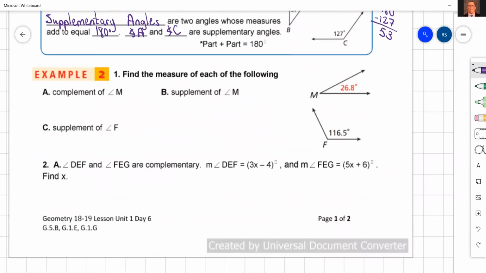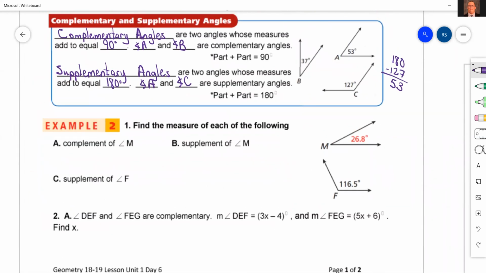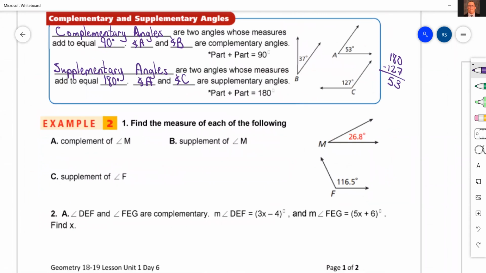Okay, so let's look at this example. First, they just ask us to find the measure of the following. Since we're dealing with complement, what do they have to add to? 90. Of angle M. So there's our M. We've got to figure out how much is left.